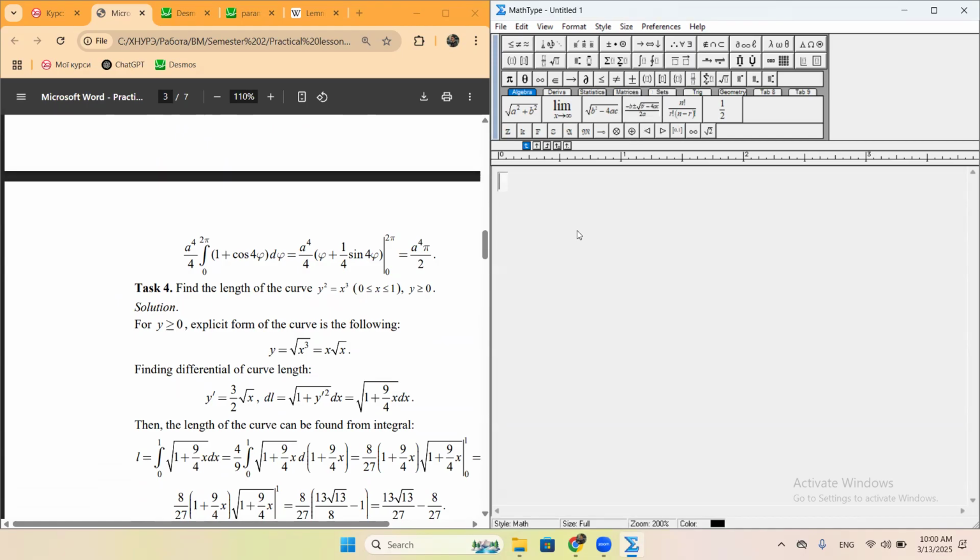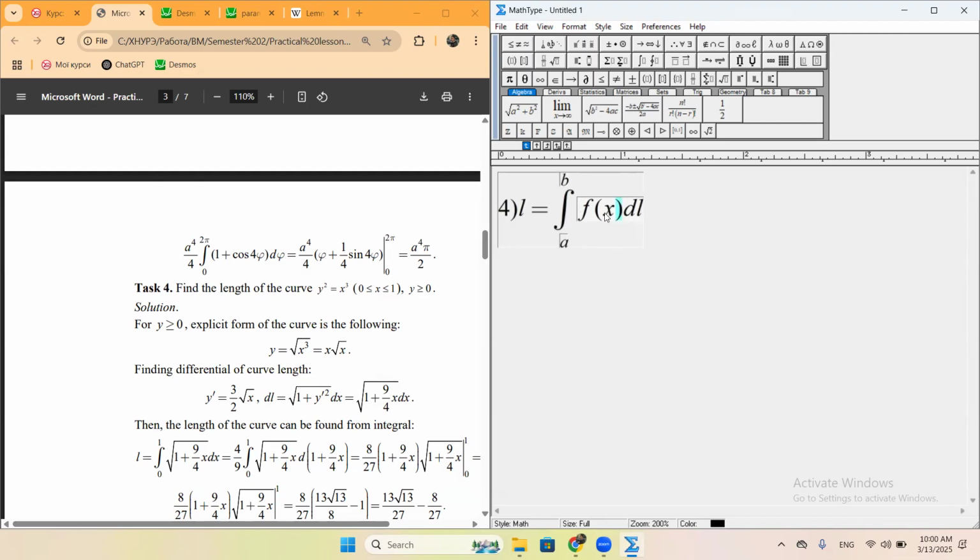We have to calculate the following integral, from a to b, dl.